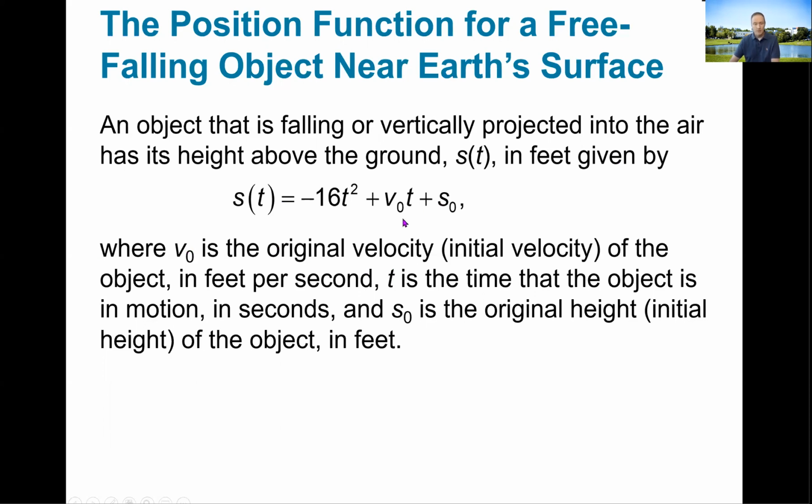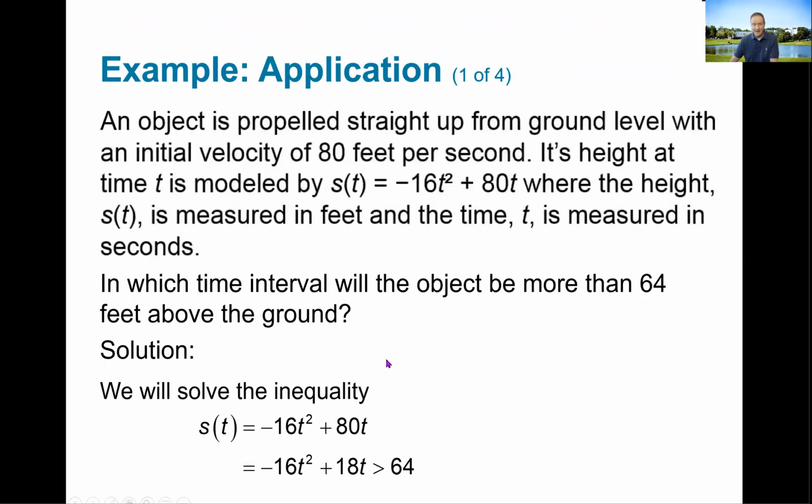And what I just said, v sub 0 is the original velocity or initial velocity in feet per second, t is in time, and the object is in motion in seconds. And s sub 0 is nothing more than the original position, or in this case, since it's vertical position, it's just the original height.